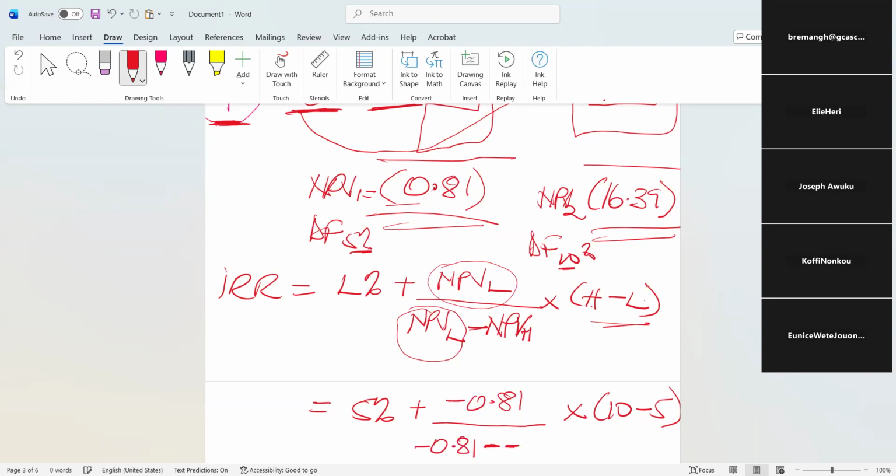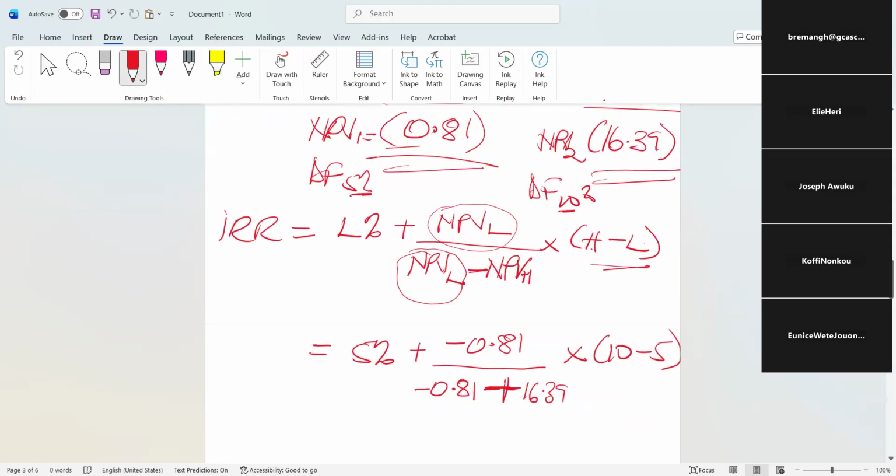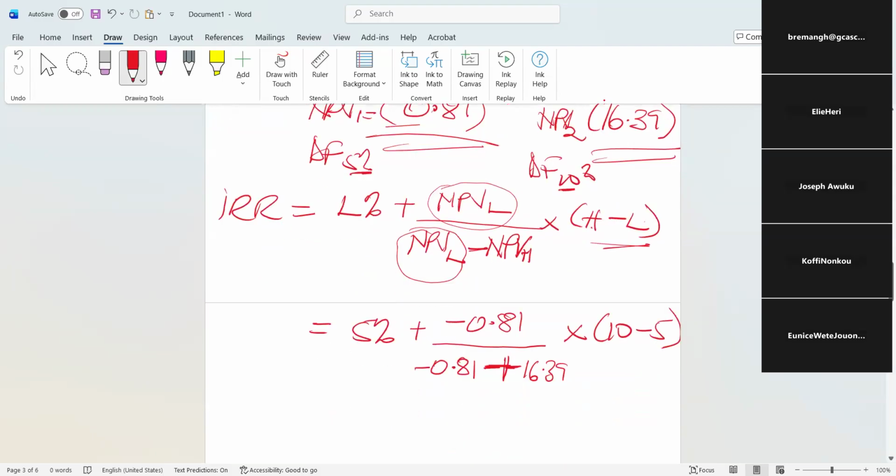So that will give you 16.39. But wherever minus meets minus, it becomes plus. In mathematics, minus meeting minus at the same time becomes plus. If you think the calculation is going to be a problem, put the formula on your calculator and let it give you the answer. The easy way is that here is 5%, and you do what is in the bracket here.